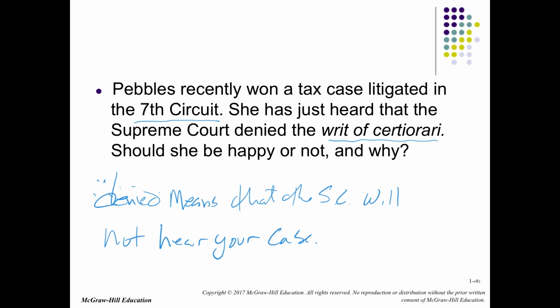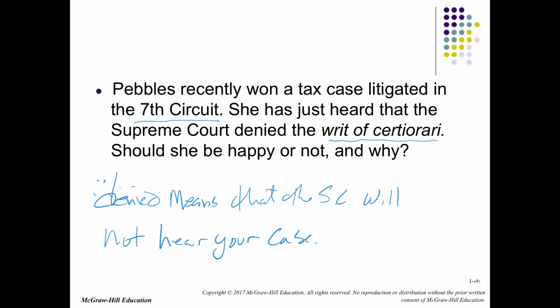All right. In Pebbles' situation, she just won. So she just won at the circuit level. So at the appeals level, she has won. So that is good for her, and she wants to go home and not have to deal with this situation anymore. And she just heard that the Supreme Court denied the writ of certiorari. That means the Supreme Court is not interested in hearing that case.